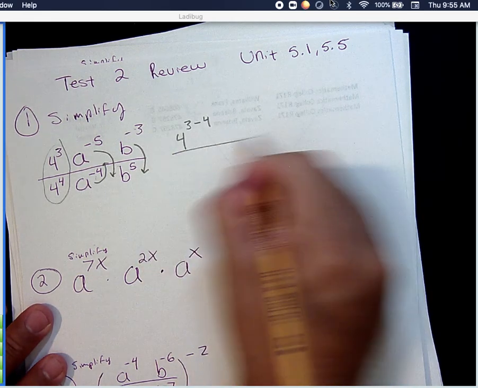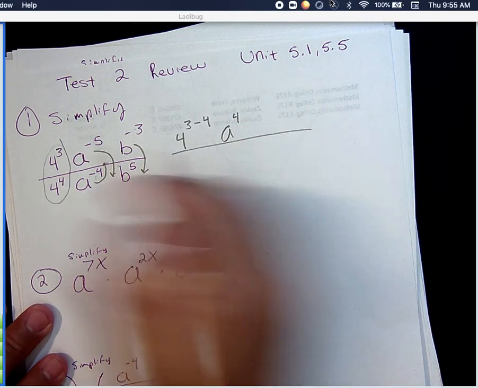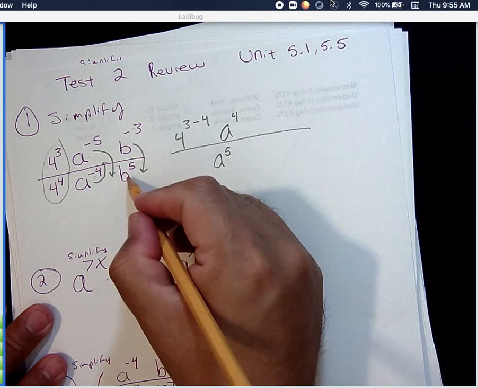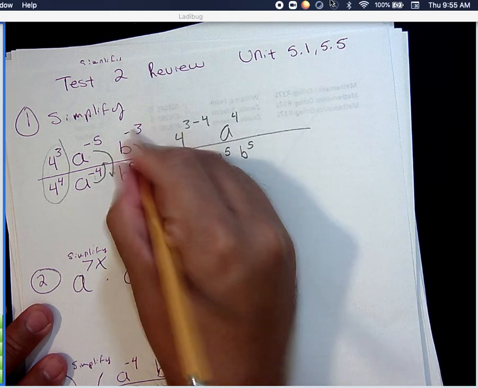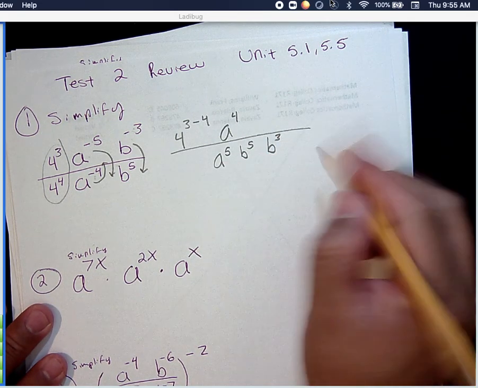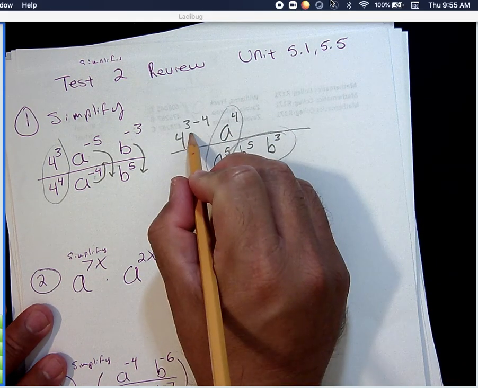Okay, so again, this one goes up, becomes a positive. This one comes down, it becomes a positive, and then this one stays, and this one comes down and becomes a positive. So now we can combine this, and we can simplify that.